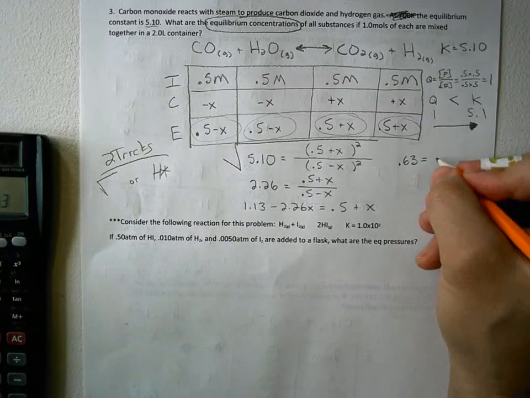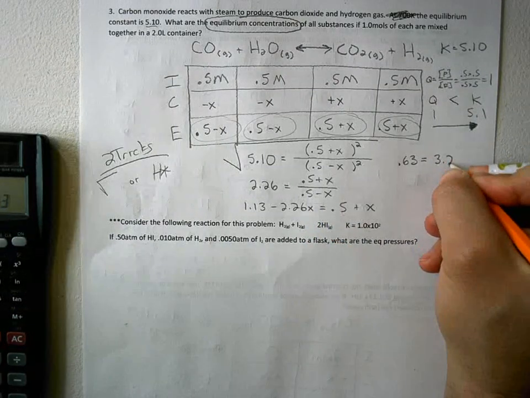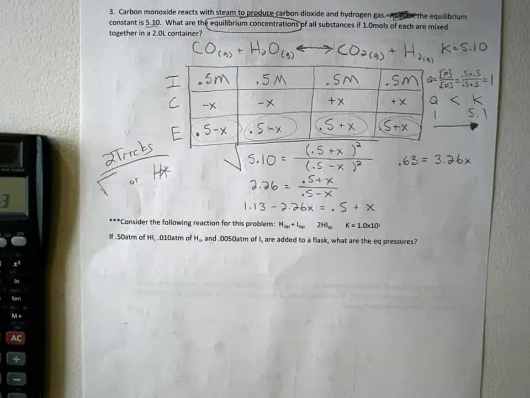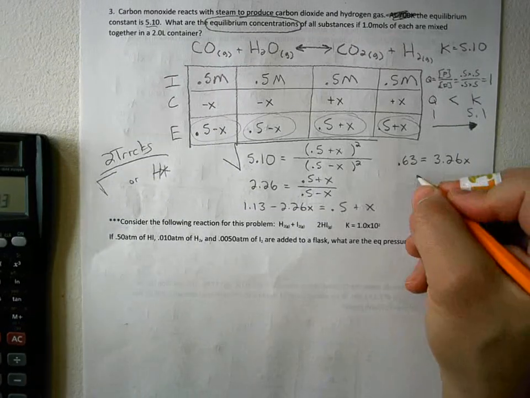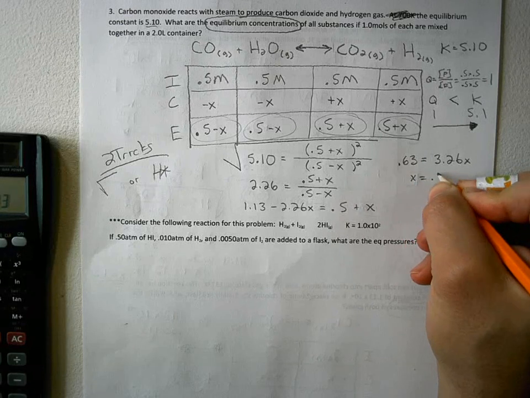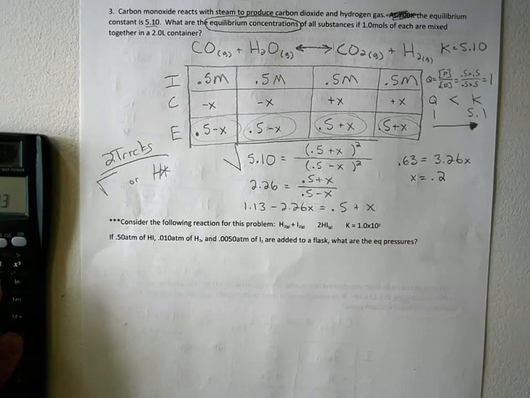And if we add 2.26X to both sides, we get 0.63 equal to 3.26X. Now divide both sides by 3.26 and we get X equals about 0.2.